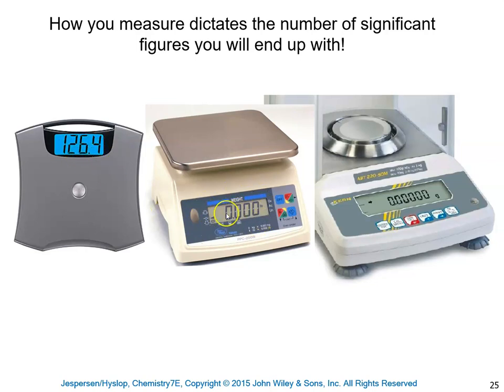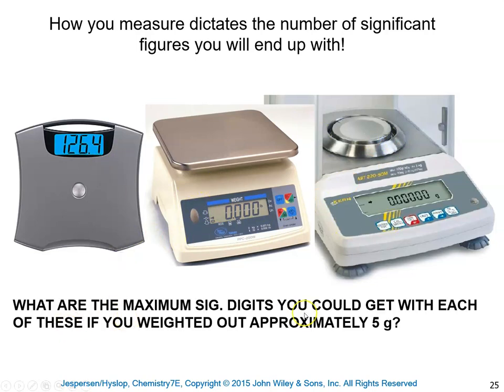This scale, we don't necessarily know, it might be able to have more, but it has 3 digits after the decimal point. And this scale over here is 1, 2, 3, 4, 5. So if we go from least precise to most precise, it would be from left to right. And we can tell precision based on the number of digits after the decimal place.